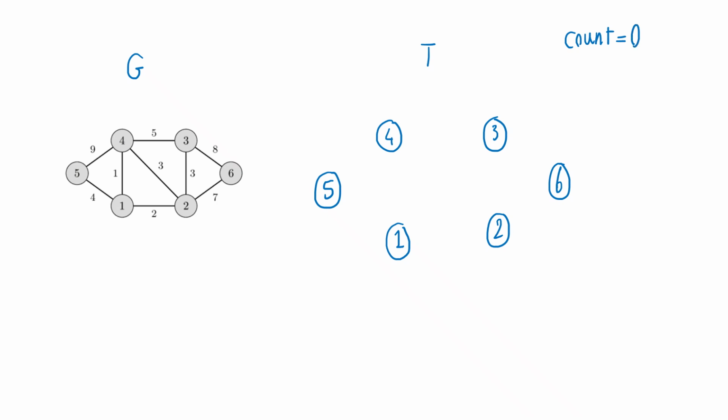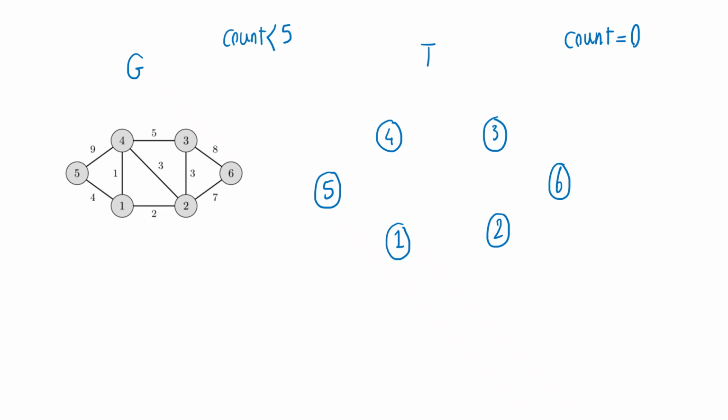And we go to the loop, and we are going to repeat the loop for as long as count is less than n-1. Here my graph has 6 vertices, so n is 6. 6 minus 1, 5. So for as long as count is less than 5, I'll repeat this. Now, here's what we do.